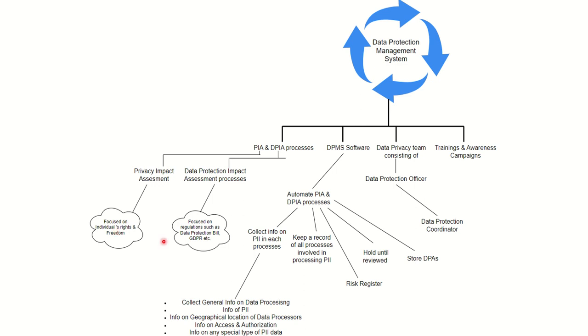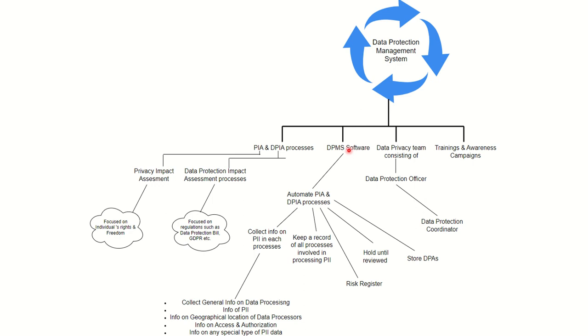And the primary goal of the data protection impact assessment process is focused on regulations such as the data protection bill, GDPR, and other international data protection regulations from different countries. So the main goal of the data protection impact assessment process is getting the organization compliant with these regulations.